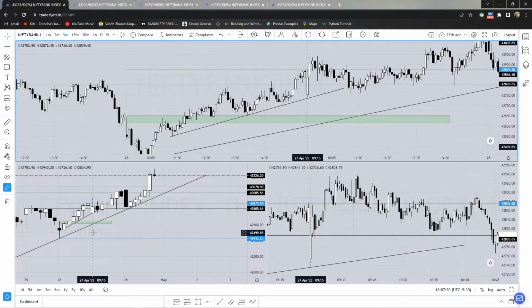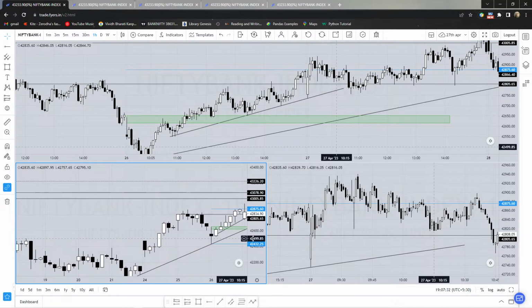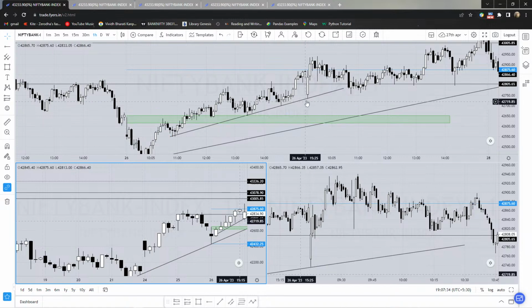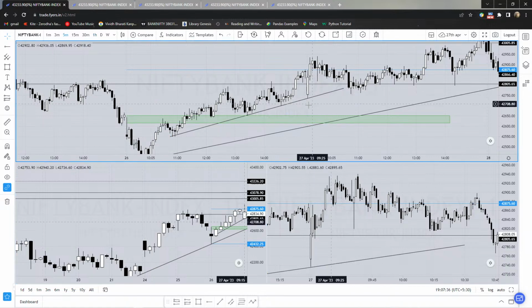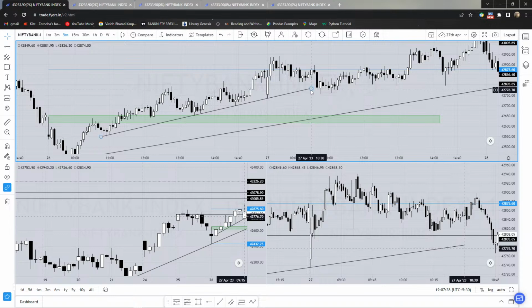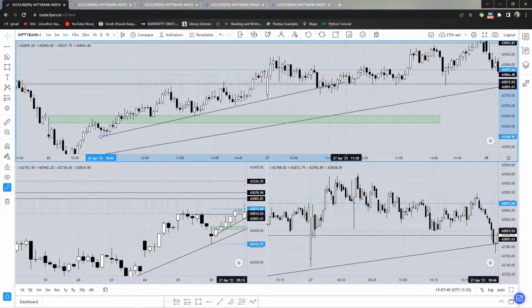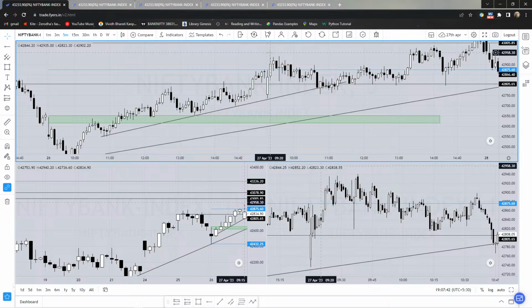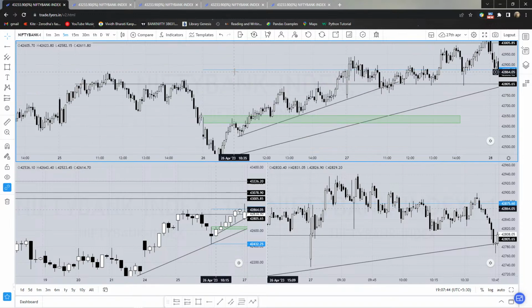Right. So the market opens gap down in an uptrend market and then goes to clear the previous day's high, and in fact this also happens to be an important resistance where the market came down into a sell-off again.